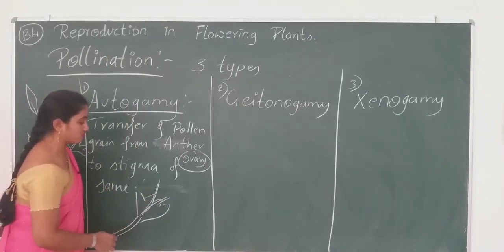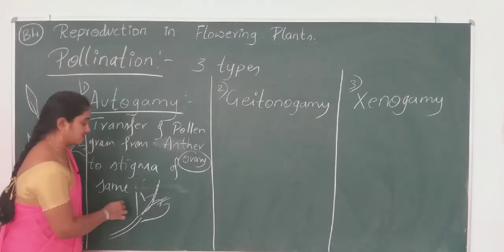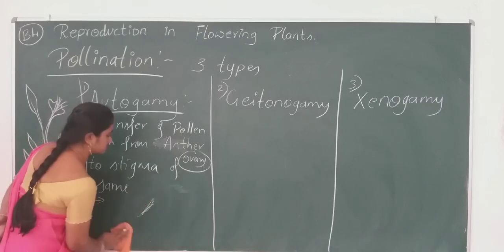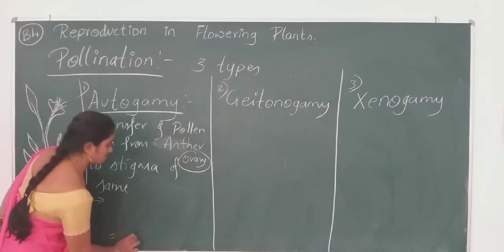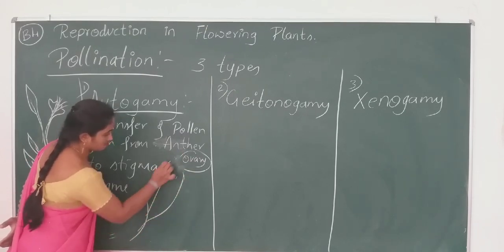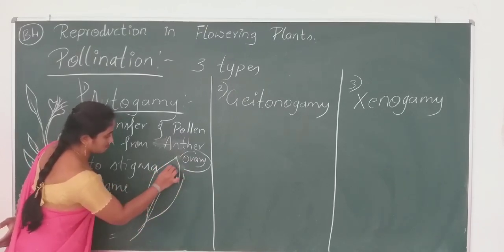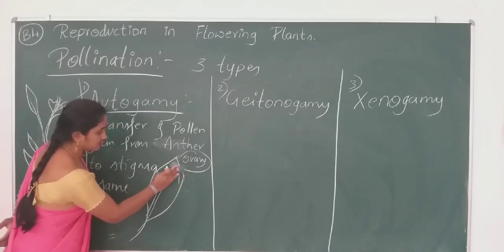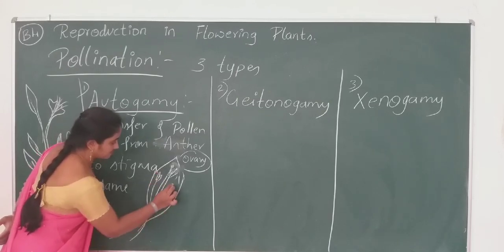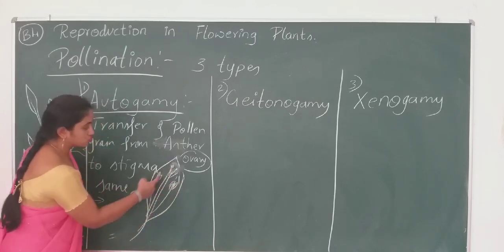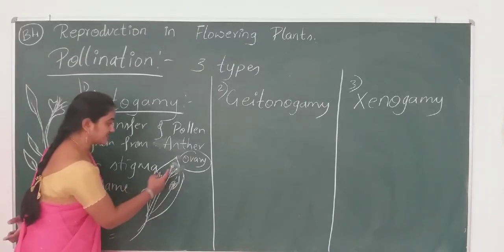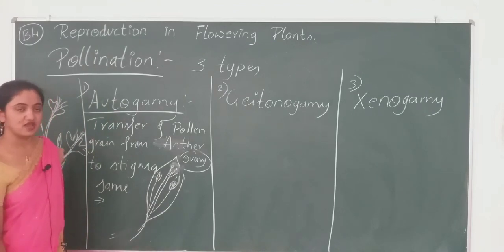One drawback is that the anther and the stigma should lie very close to one another. In this condition, self-pollination occurs.